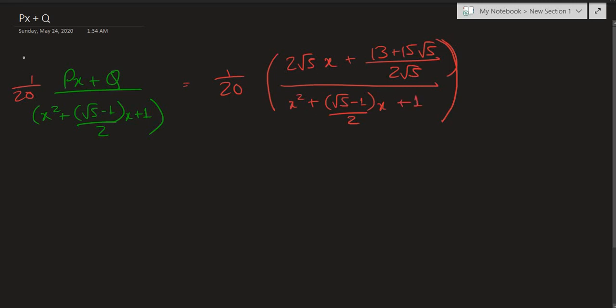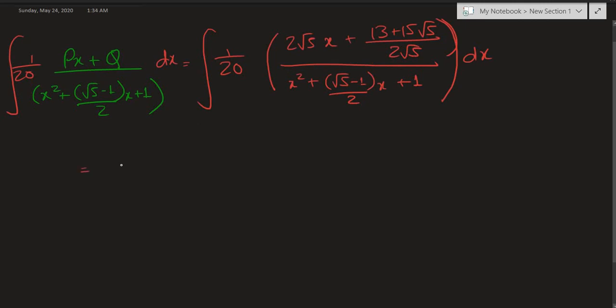And as suggested, we have to integrate both sides with respect to x because we've performed our partial fraction decomposition successfully. So 1 over 20 outside, we can cross multiply.